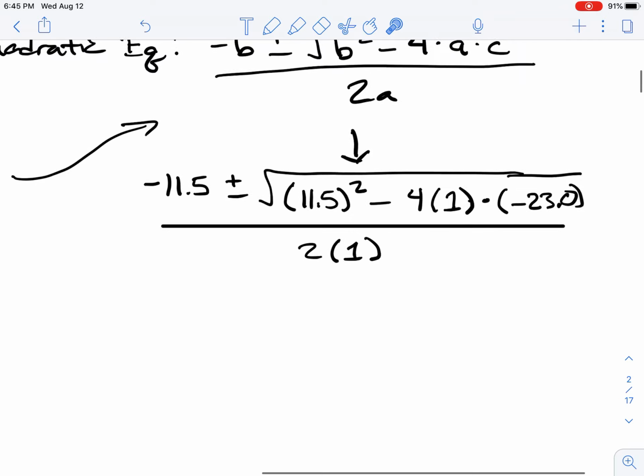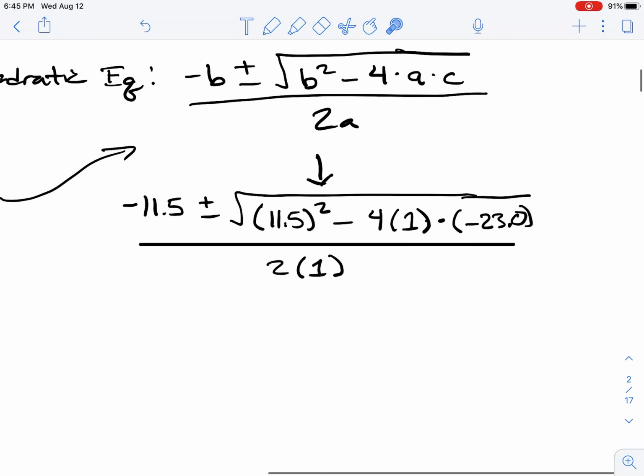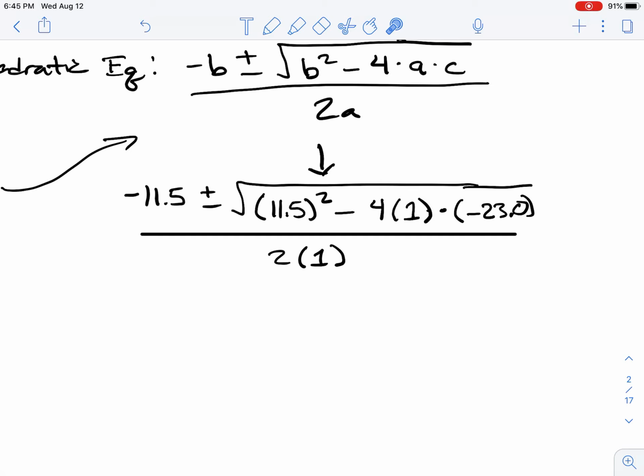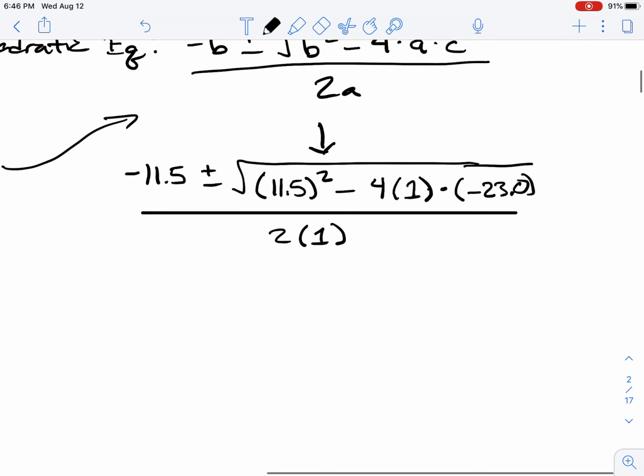All right, and so our next step is to simplify this. What I'm going to do is plug everything that's inside the square root into my calculator first. So give me a second here. I have 11.5 squared, and feel free to follow along if you want.